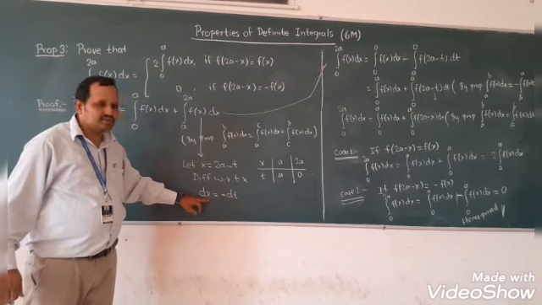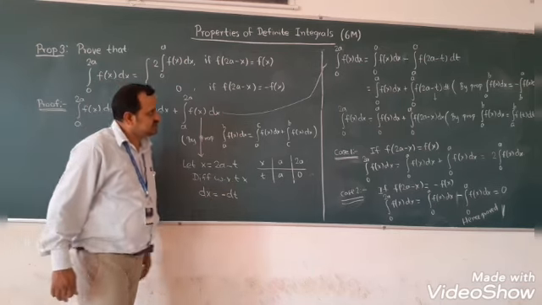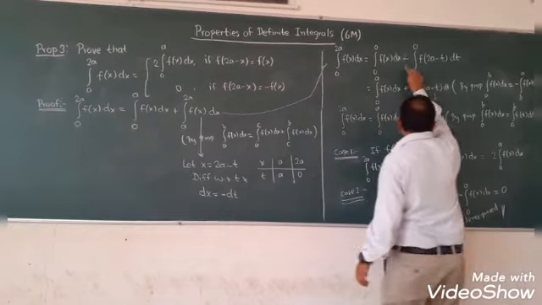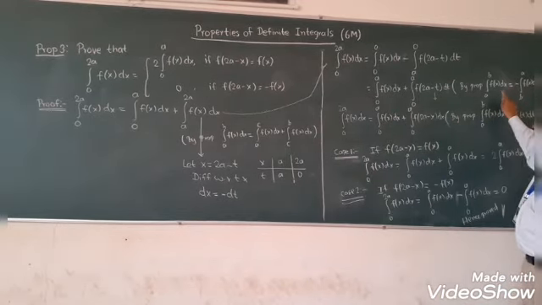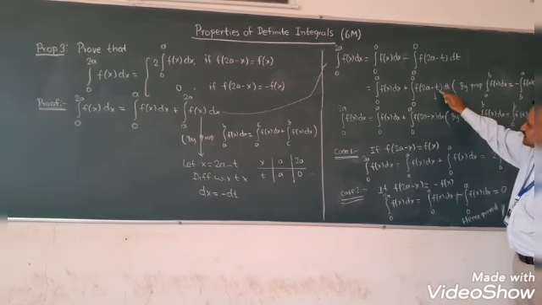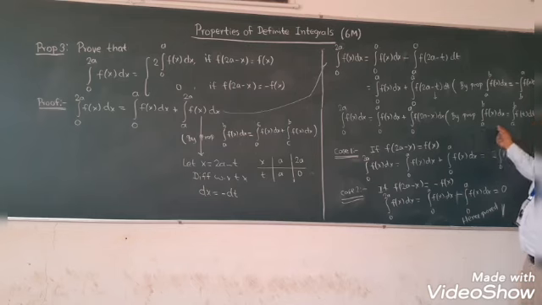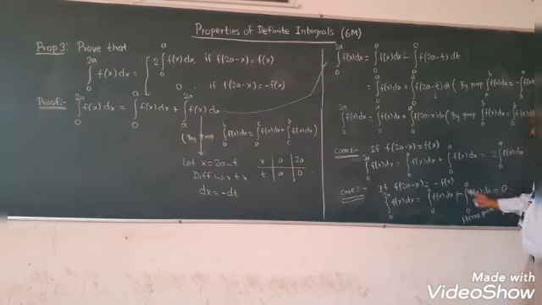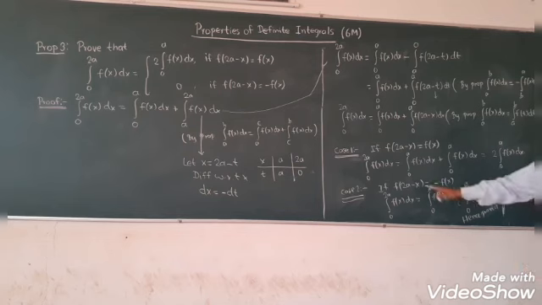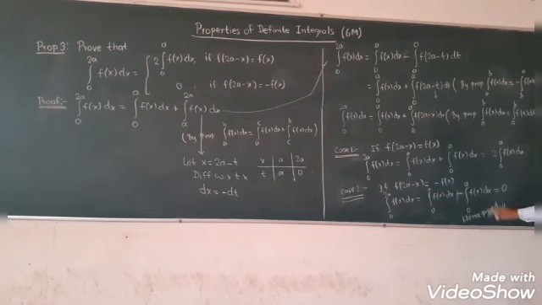The moment you do substitution, limits will get changed. So to eliminate this minus, use this property, and to replace t by x, we can make use of this property. So case 1 is f of 2a minus x equal to f of x. You will get 2 times 0 to a f of x dx. And if f of 2a minus x is equal to minus f of x, you will get equal to 0.